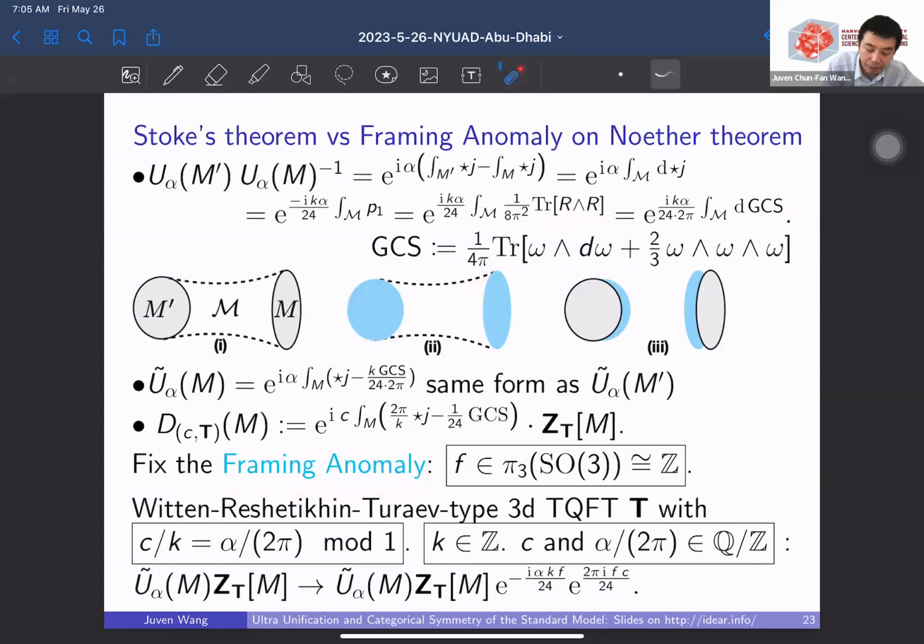This can be done by decorating with a certain type of TQFT known as Witten-Reshetikhin-Turaev type TQFT. The two sectors together are meant to cancel the fermion anomaly, such that one sector contributes the fermion anomaly captured by the Z class, and the other is related to the chiral central charge of this WRT theory.